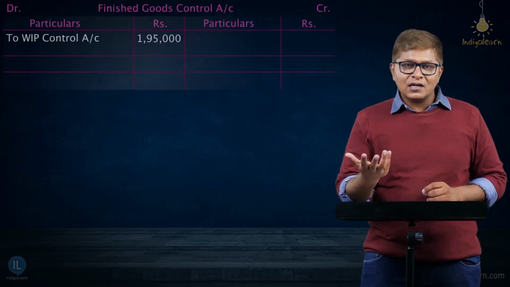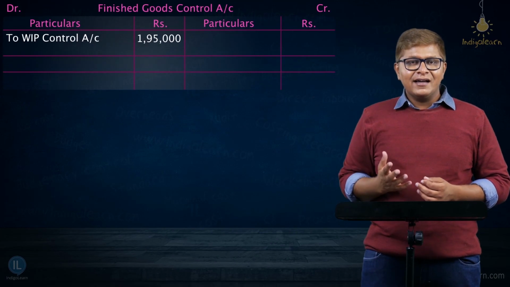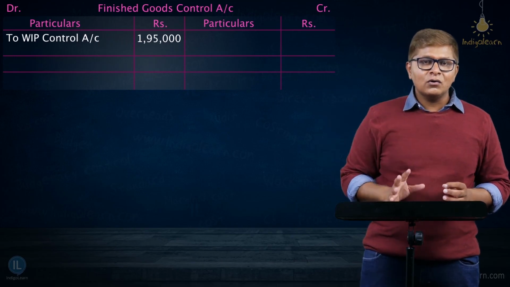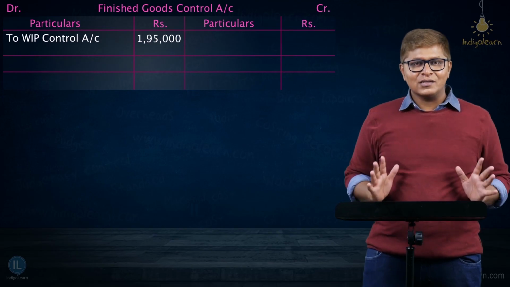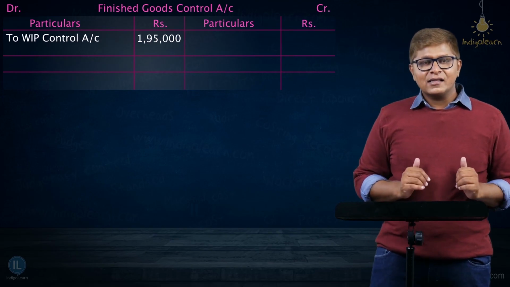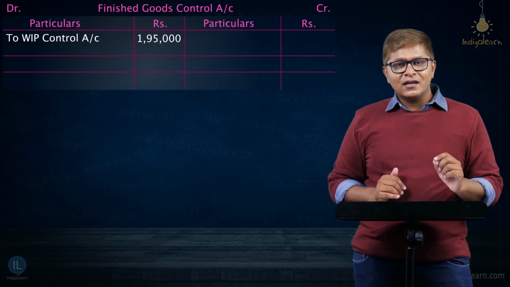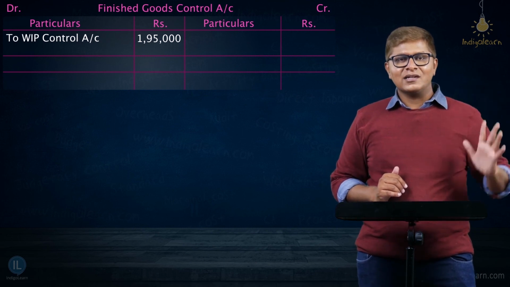In the finished goods control account, on the debit side, we are going to have an entry to WIP control account 1,95,000. Now, next, they are saying that we have sold goods worth rupees 1,90,000 in the market.